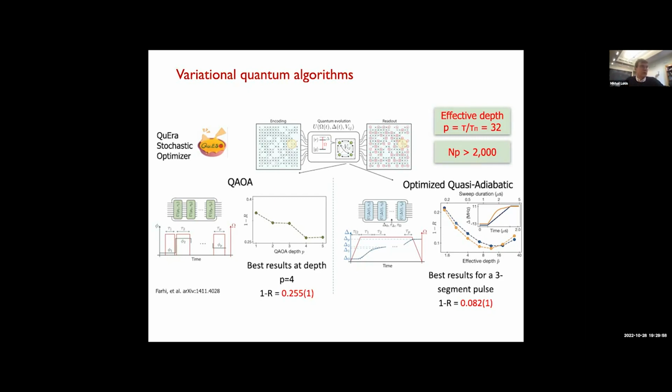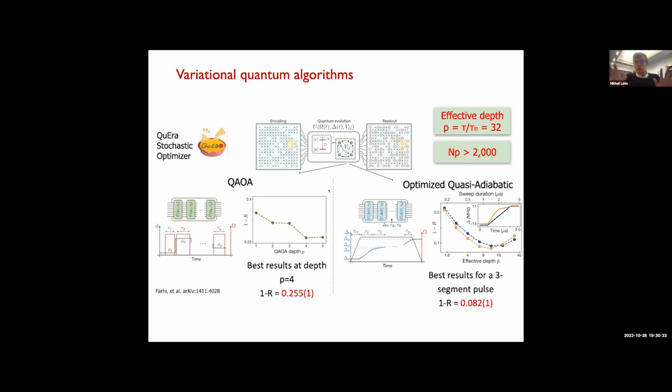In fact, the effective depth we can achieve with some improvements for this quasi-adiabatic algorithm is something like 32, corresponding to the number of qubits times the effective depth product over 2000. And this is enabled also by using stochastic optimization, which was designed by our QuEra colleagues.